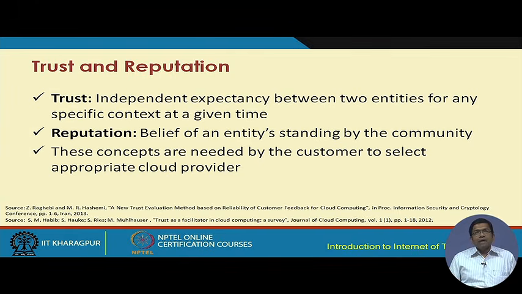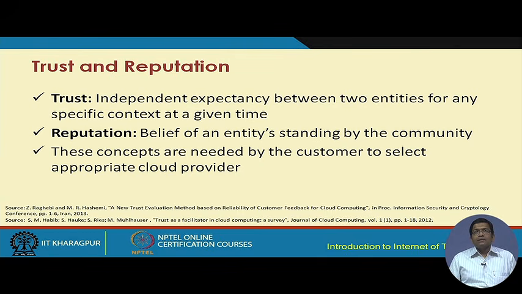Trust and reputation are very important. Trust basically takes care of the independent expectancy between two entities for any specific context at a given time. So, they have to trust each other, and at the same time hand in hand comes the issue of reputation, and reputation is about the belief of an entity standing in the community.